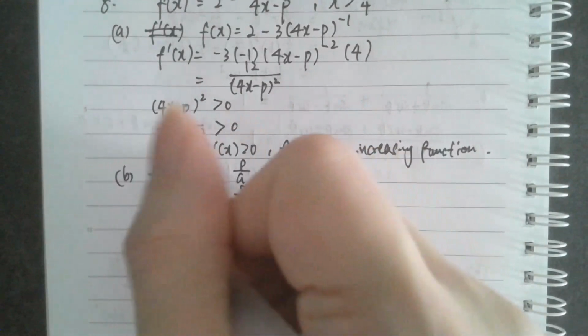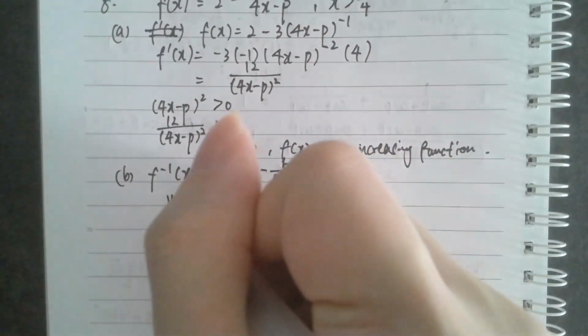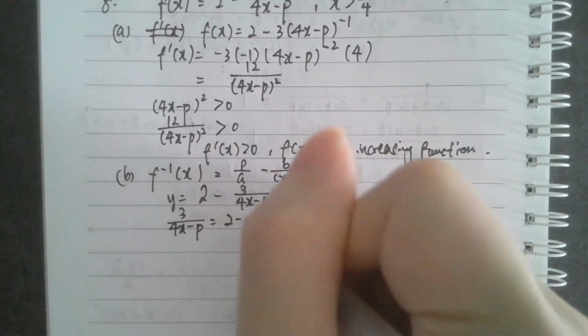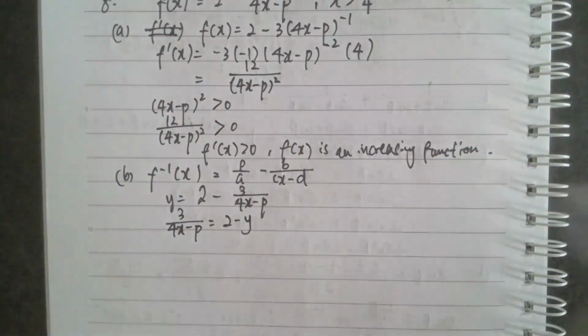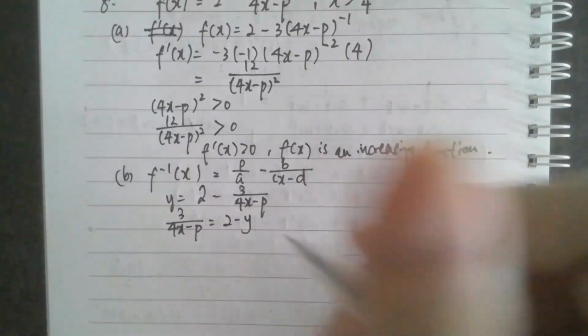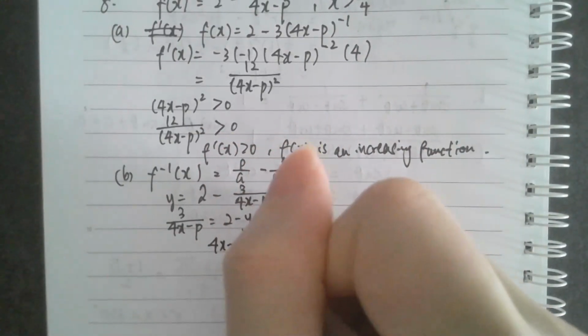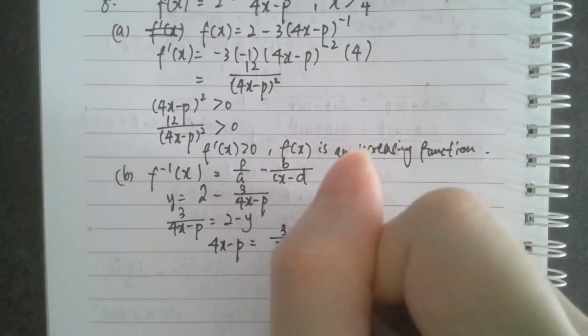So this would be 3 divided by 4x minus p, 2 minus y. To make x a subject, I have to interchange the denominator with this, so that will be 4x minus p, 3 divided by 2 minus y.